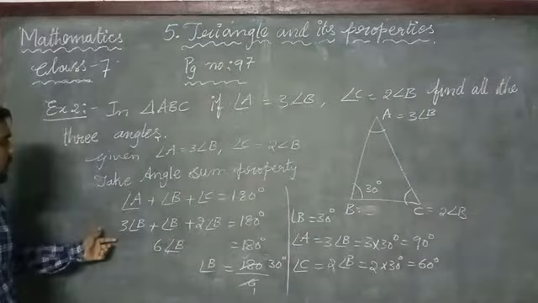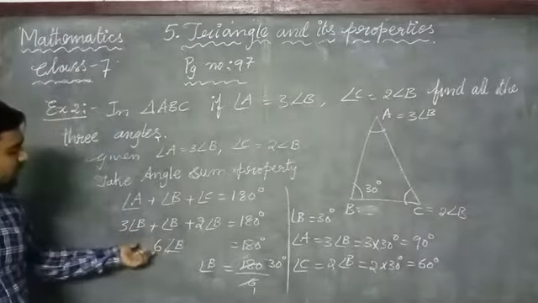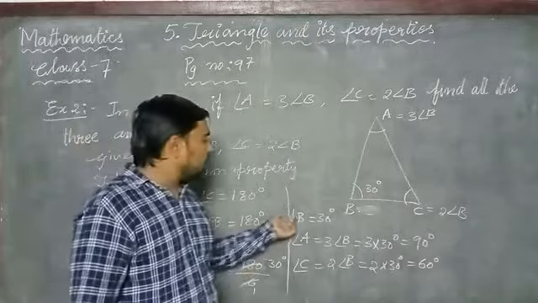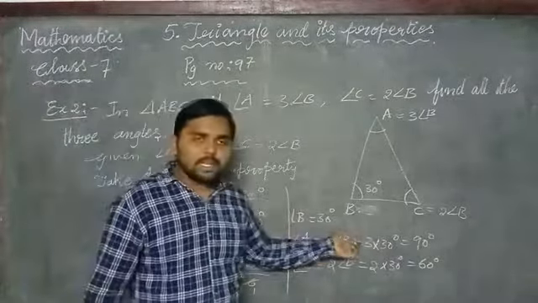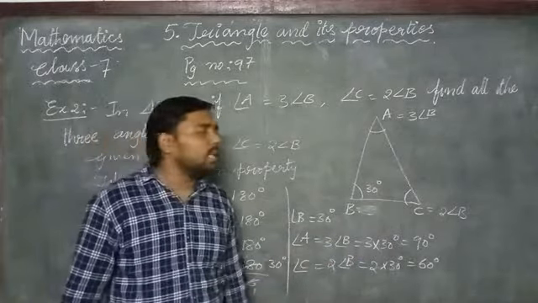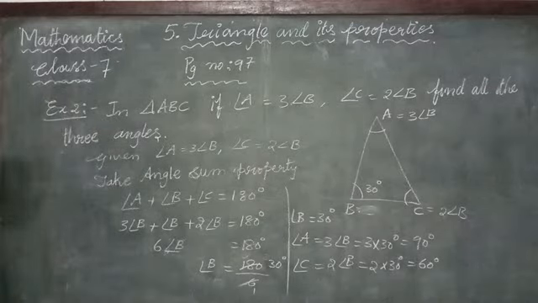Now we have to substitute the angle A and angle C in terms of B, and add. Then we will get the B angle, and after substituting the B value in terms of A and C, we will get the angle A and angle C. Okay, now let us see the third example.